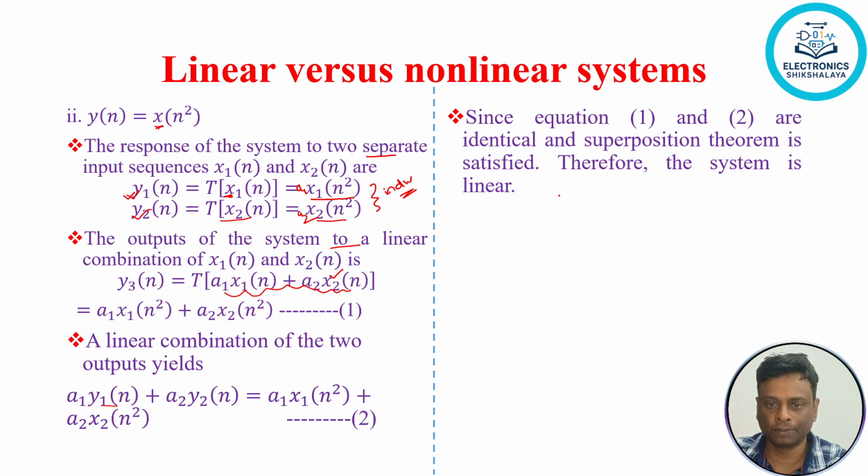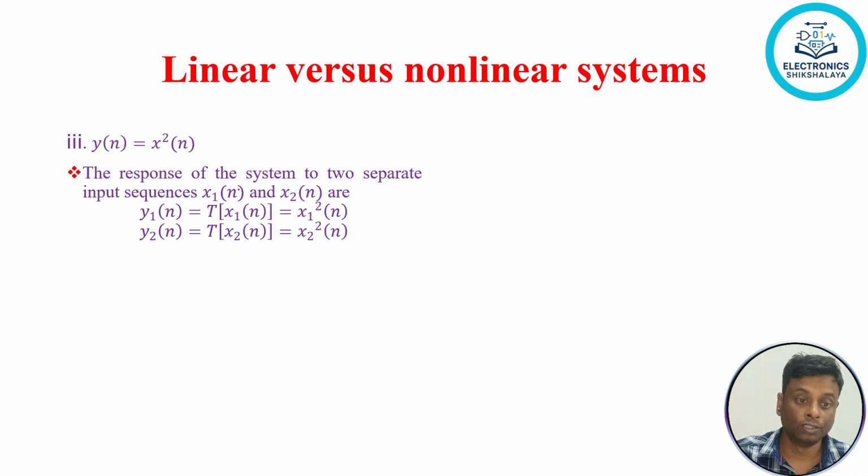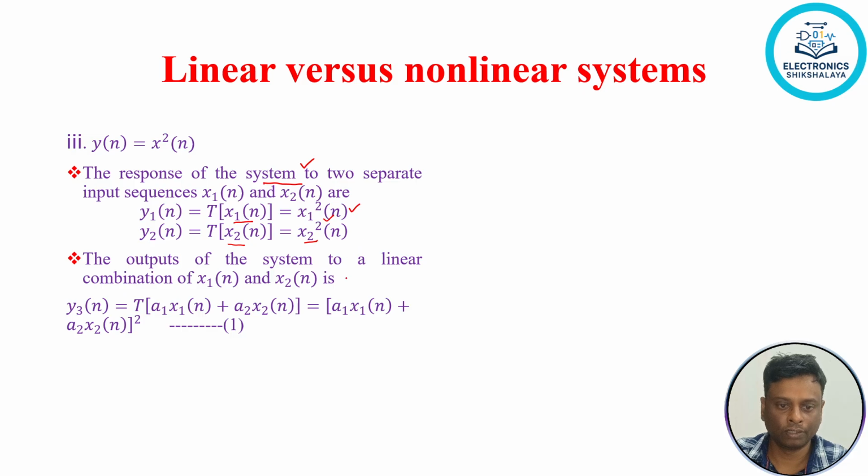Okay, third case, you can see x square of n. This is the response of the system to the two separate input sequences. The transformation of x1 of n will be x1 square, and similarly the transformation of x2 of n will be x2 square of n. Now for the weighted sum of the inputs, a1 x1 plus a2 x2, we can replace x by this whole term, so that will be squared.